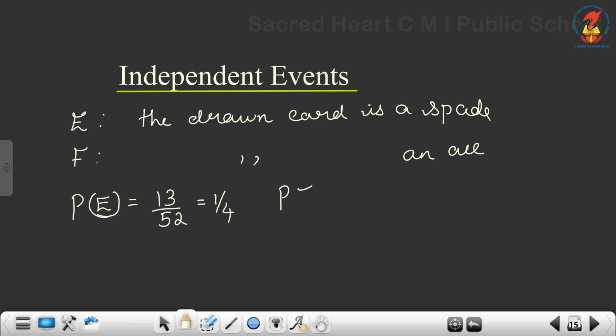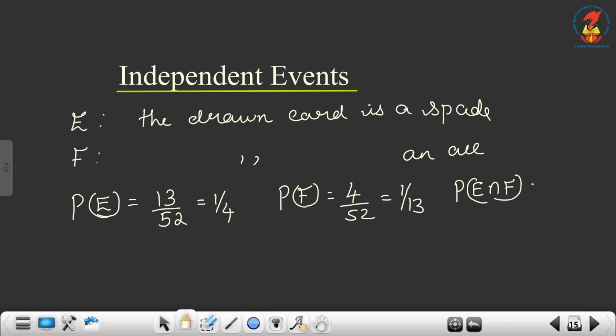Now P of F means how many aces? 4 aces, so 4 out of 52, that is 1 by 13. Intersection means the ace of spades, so there is one ace of spades. P of E intersection F is equal to 1 out of 52.